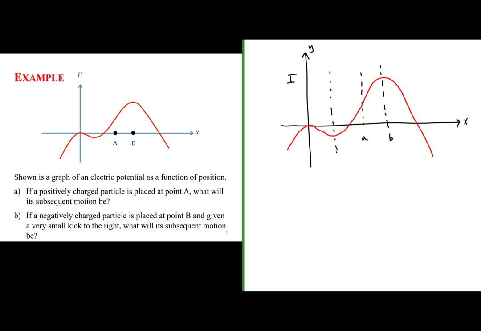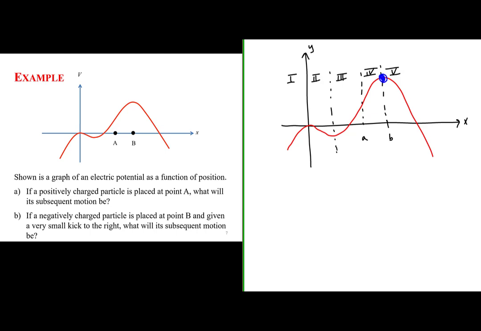So we have regions 1, 2, 3, 4, and 5. And this time, however, the negative charge is placed right at the top of this hill.